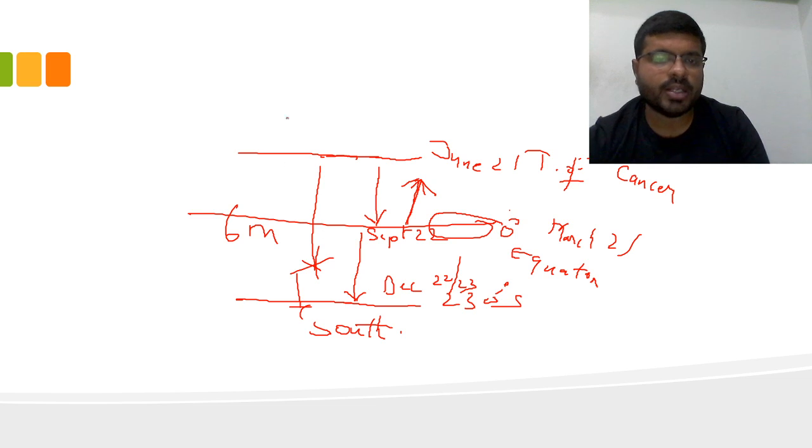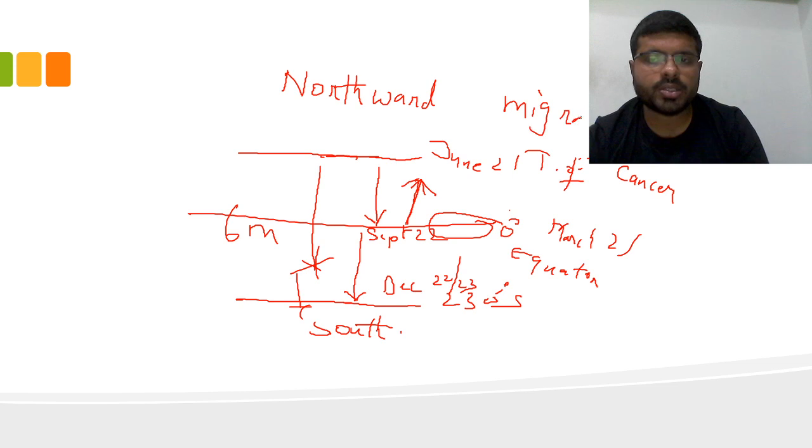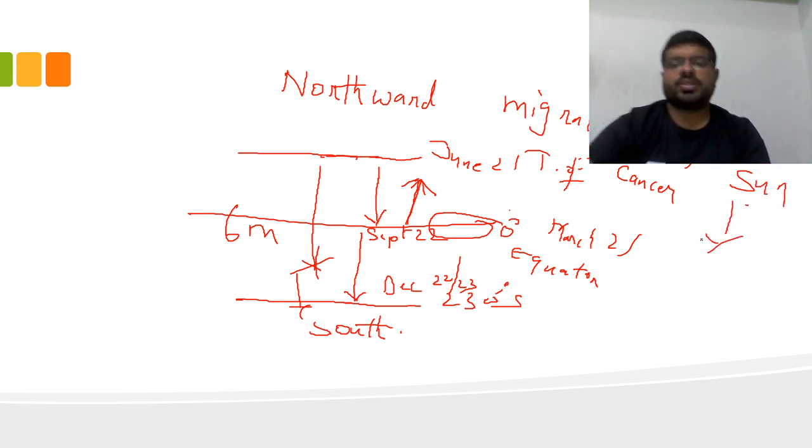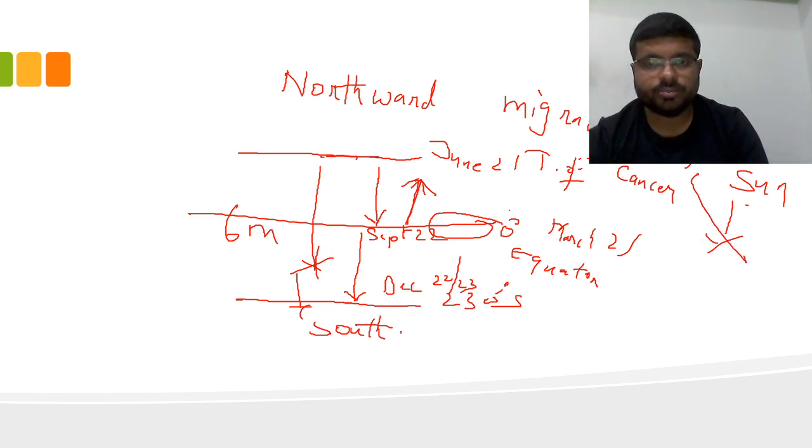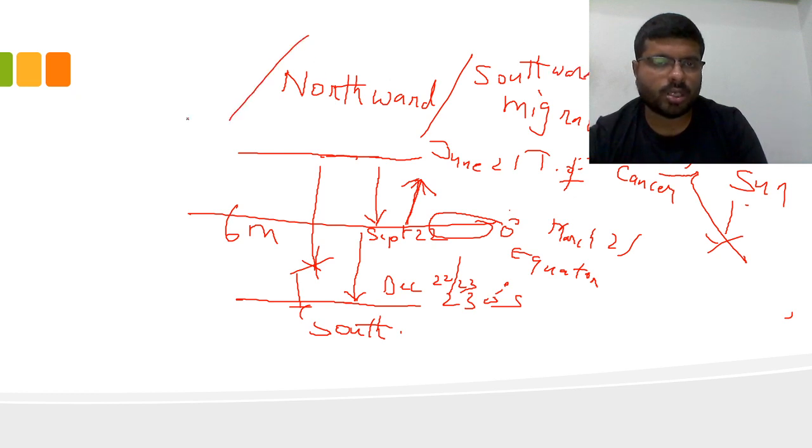If you find any geography textbook, you will find these words: northward migration of the sun, or southward migration of the sun, or apparent movement of the sun, as we have discussed.